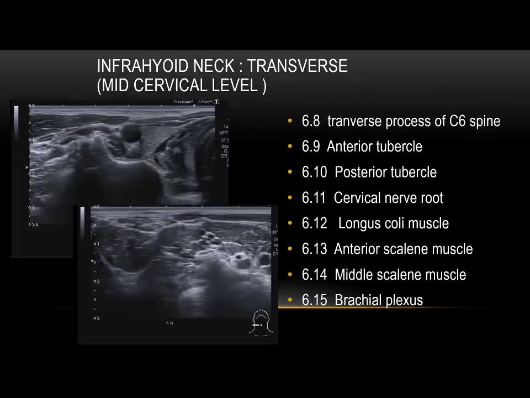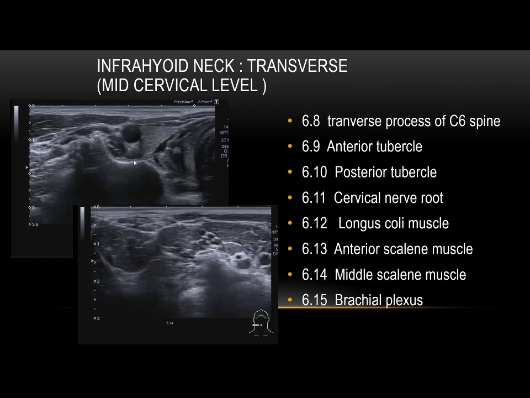Okay, next we move to more lateral structures. Moving from midline to lateral structures at the infrahyoid level and also in the mid-cervical level. As you can tell, this is the cricoid cartilage level, cricothyroid level like this. And in this image, if you scan in the plane of the bone, you can see the transverse process of the cervical spine.